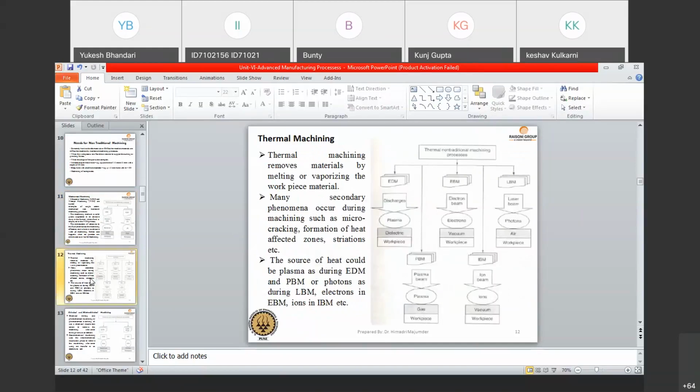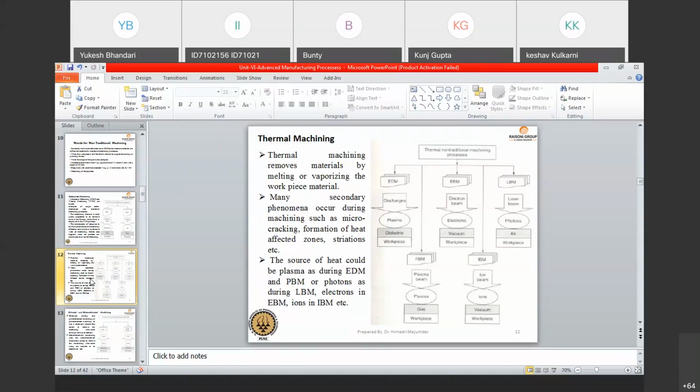Now, thermal machining. In thermal machining, what happens? Thermal machining removes material by melting or vaporizing the workpiece material. So remember that in thermal machining, material is removed by melting or vaporization of the workpiece material.